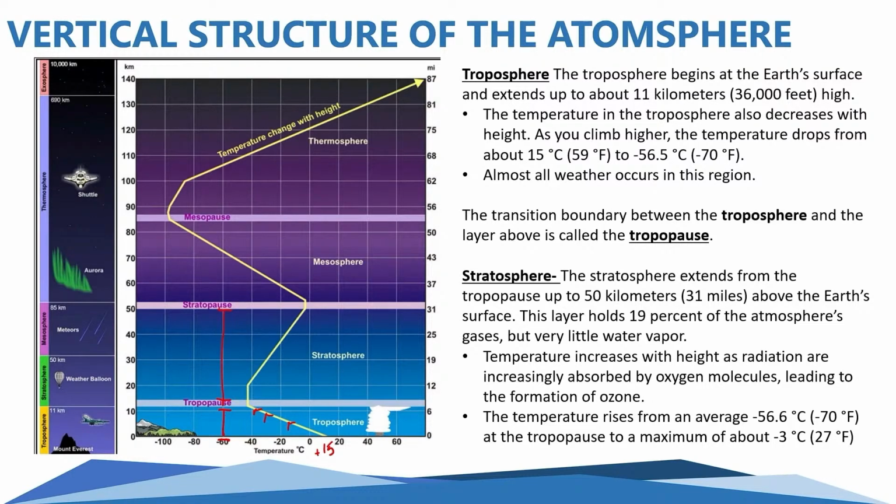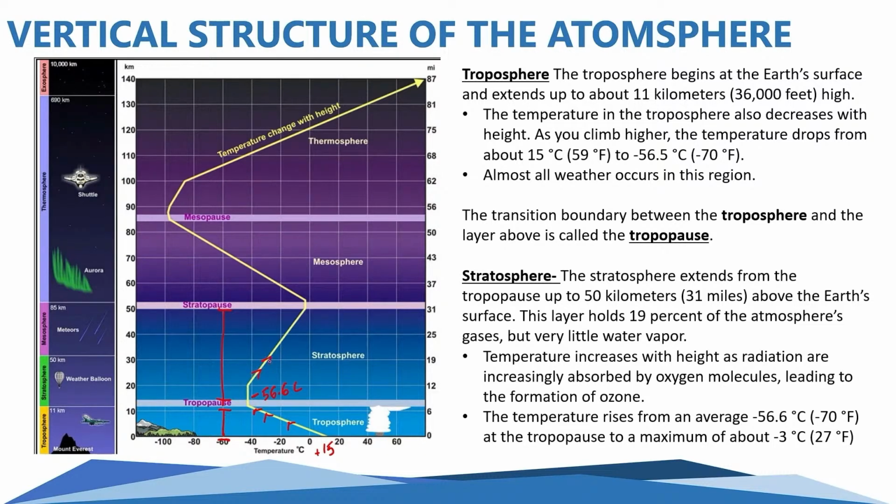But the thing that you want to keep in mind here is that as the temperature increases with altitude, you're going to have radiation, and because of that, the radiation is going to be increasingly absorbed by the oxygen molecules, which actually lead to the formation of the ozone, and actually starts to warm up the temperature within the stratosphere. You're going to see that yellow line start to kind of reverse itself, and as you climb in the stratosphere, remember at the bottom here, it's negative 56.6 degrees Celsius.